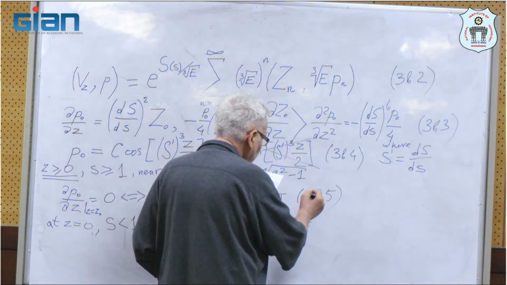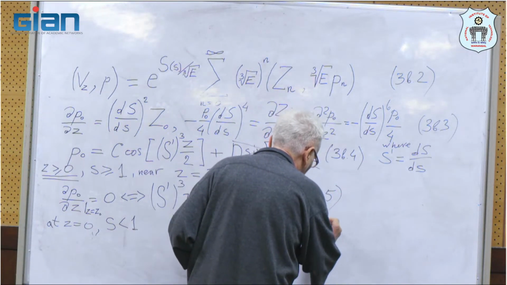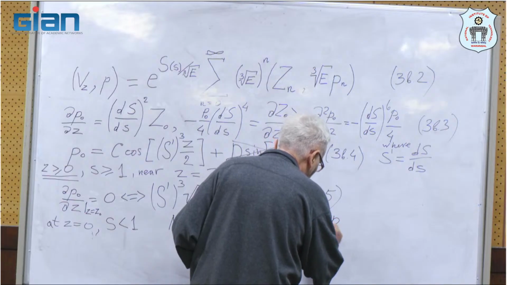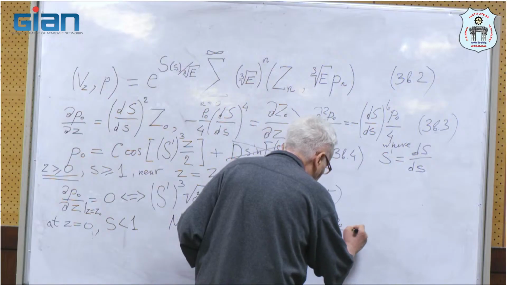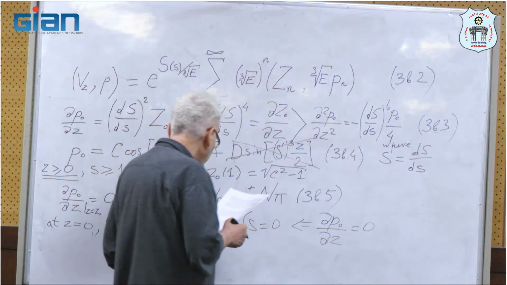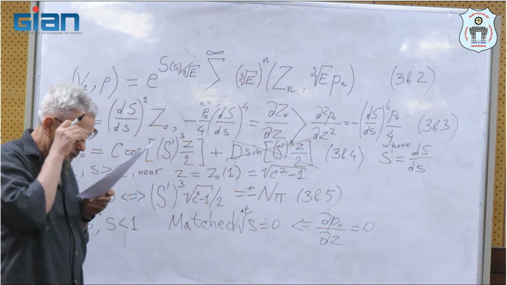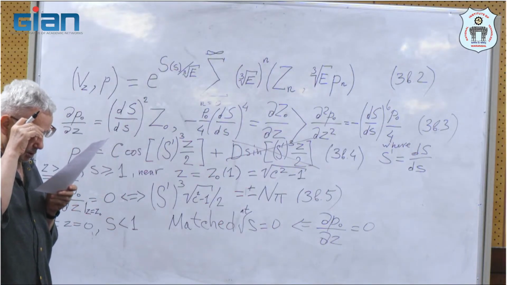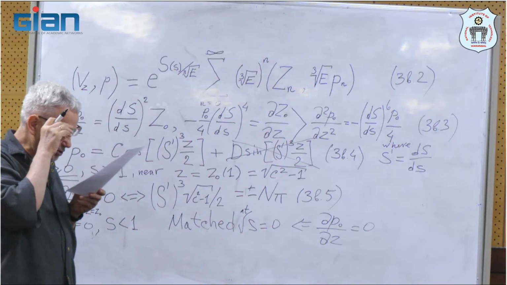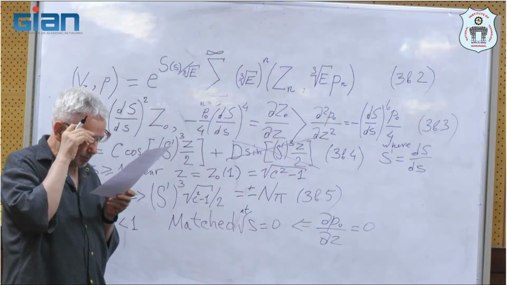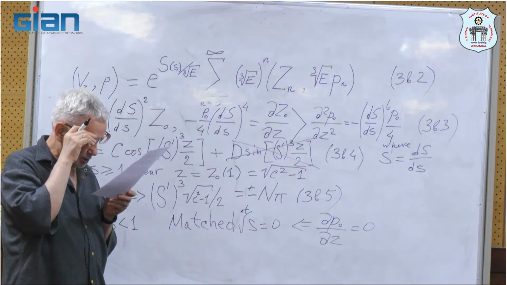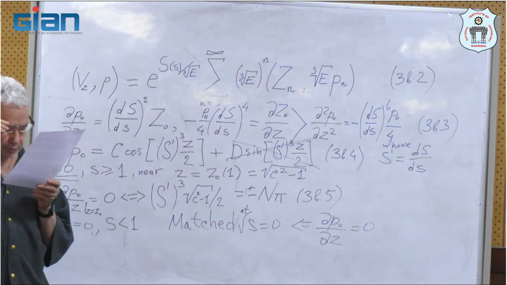dp by dz is equal to zero at this matching. And actually this is a geostrophic condition, and it's satisfied through matching with the main shear layer of thickness E to the 1/3.